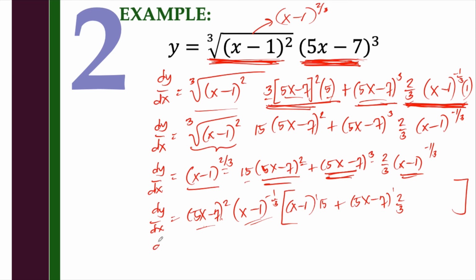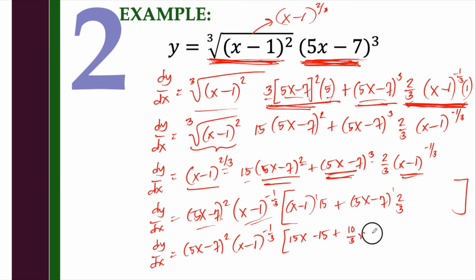So simplifying that, we have dy over dx as (5x - 7) squared, then (x - 1) raised to negative 1/3. Then simplifying this, we have 15x - 15 plus 2/3 times 5, that's 10/3 x, minus 7 times 2/3, which is 14/3.